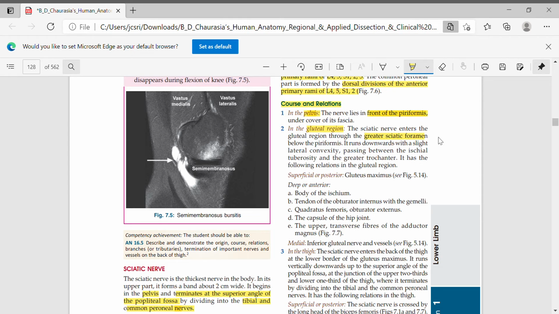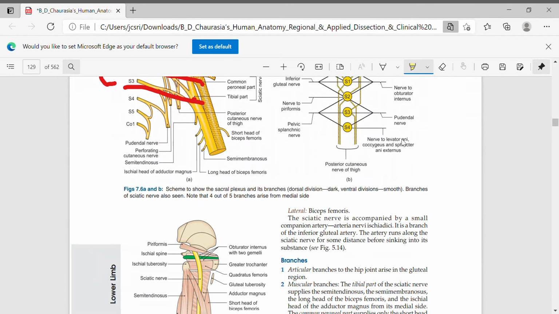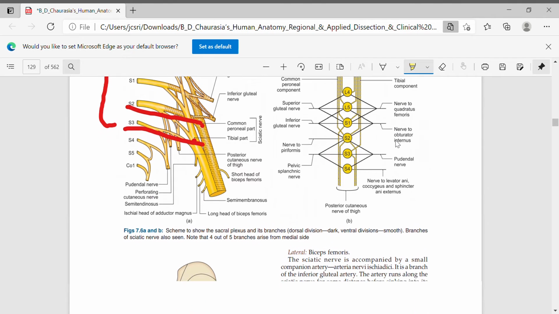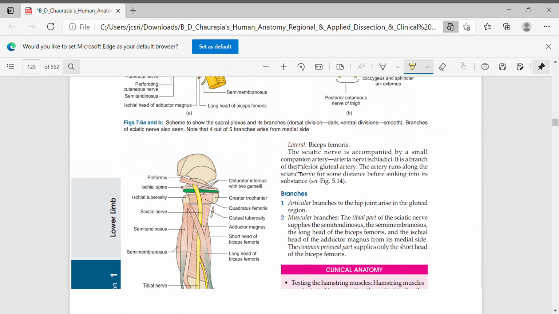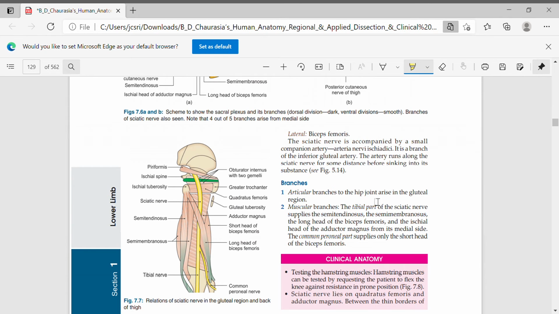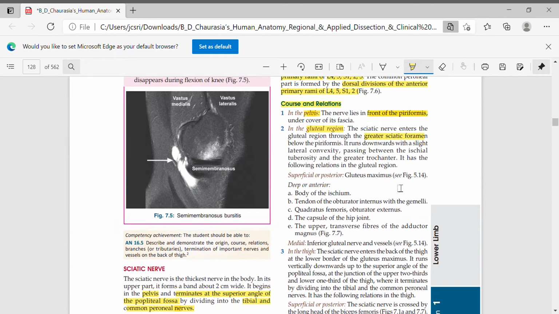This comes as an MCQ question: which sciatic foramen, greater or lesser? It pierces the greater sciatic foramen and enters the gluteal region, where it is below the piriformis. Structures below the piriformis and above the piriformis play an important role in MCQs. So it's below the piriformis, but in the pelvis it was in front of the piriformis.